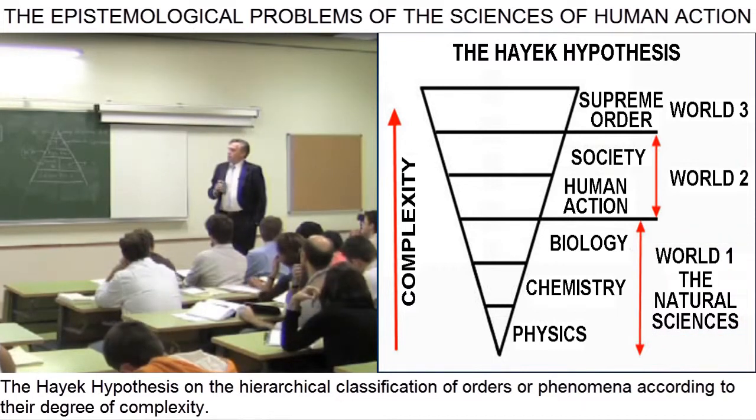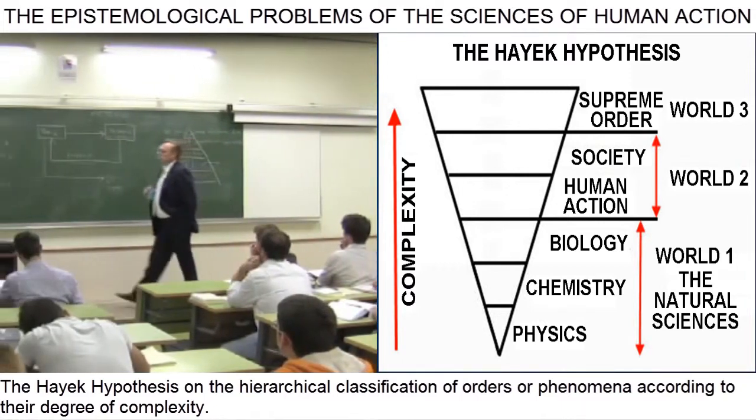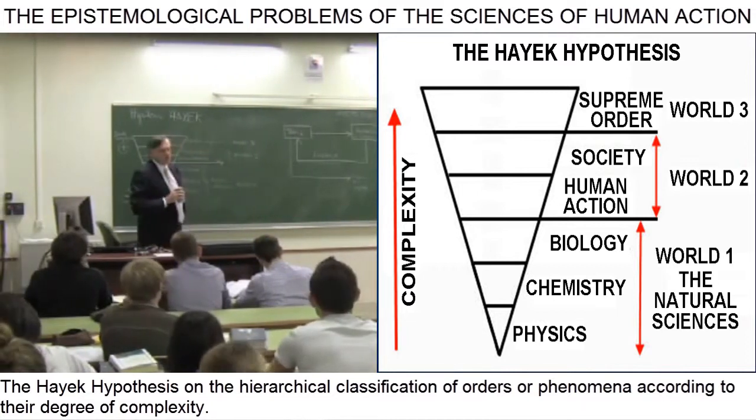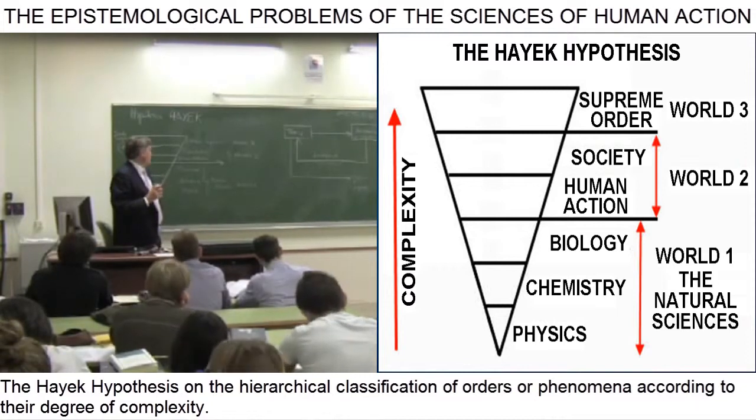But now we take a qualitative leap past the up arrow and we begin to study much more complex phenomena. In fact, Hayek tells us that the spontaneous market order, or if you prefer, society, is the most complex order that exists in the universe.